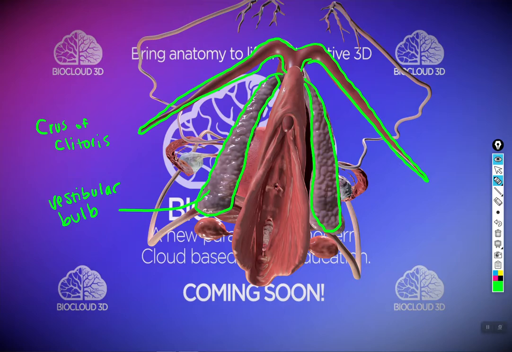So all of these things that I've just labeled are not visible from the outside, but they are involved in the human sexual response, specifically the initial arousal phase, and are related to the pleasurable aspect of sexual intercourse, including, but not limited to, moving towards and arriving at climax.